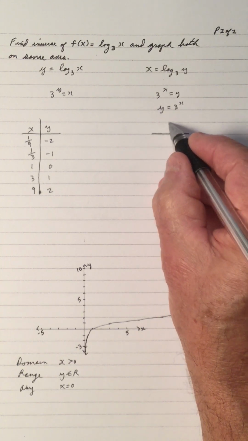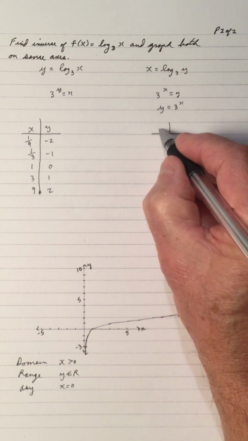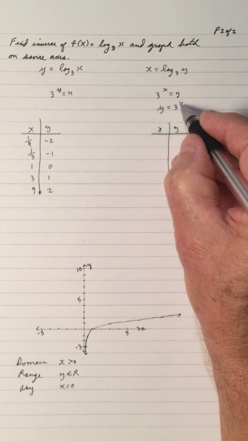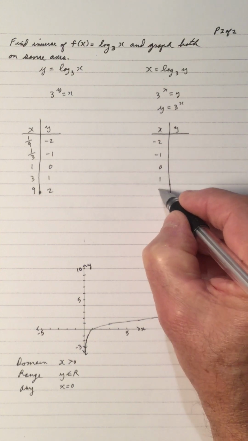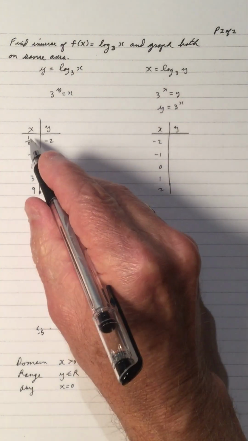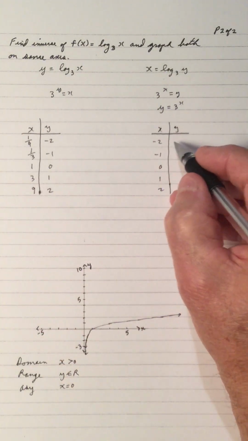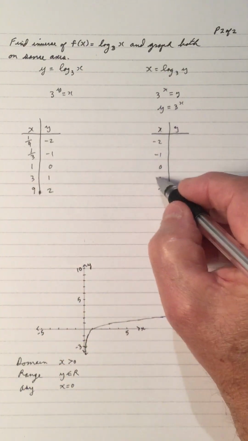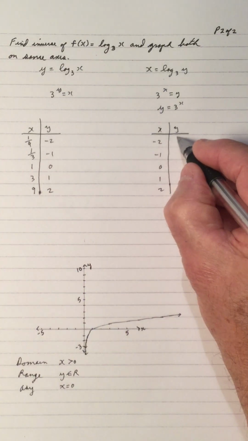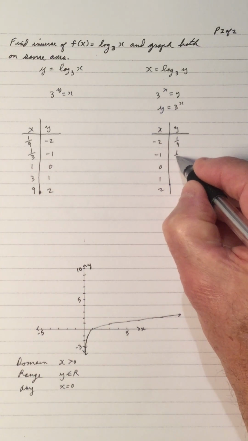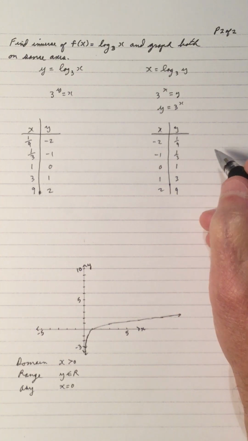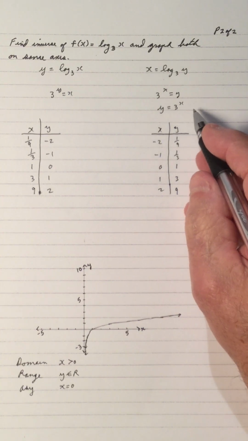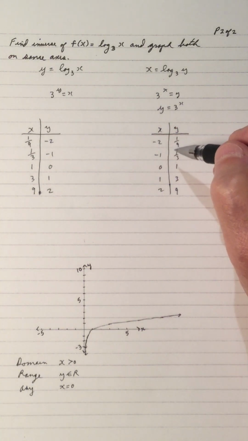If I do a table of values on those, notice the x is the exponent now, so x is -2, -1, 0, 1, 2. Again, just switch around here. The y's become the x's, and the x's become the y's. So this is 1/9, 1/3, 1, 3, and 9. So those are the table of values.